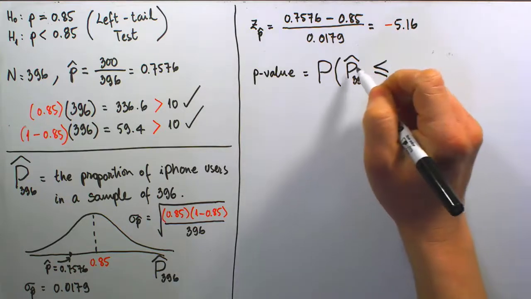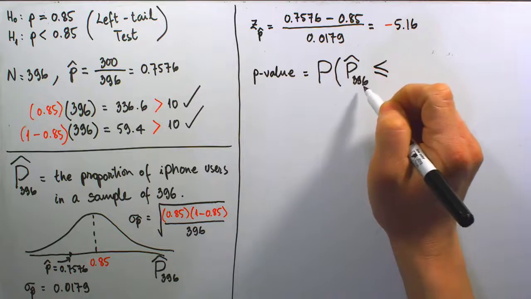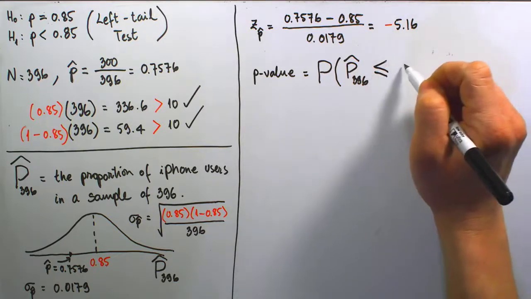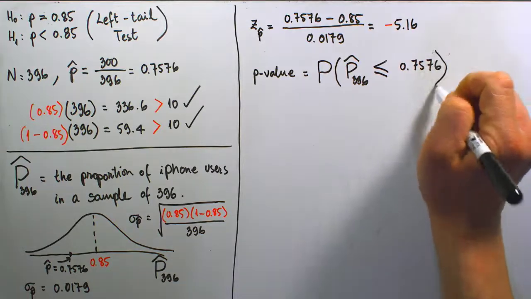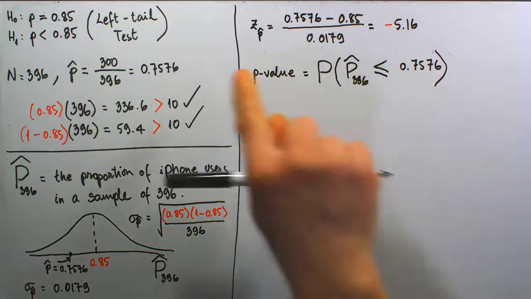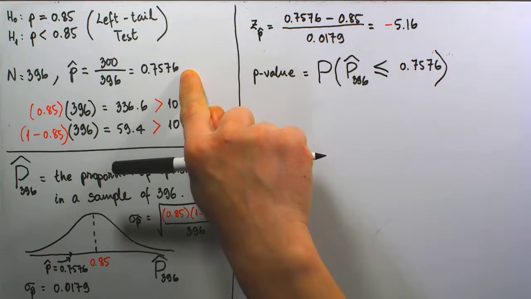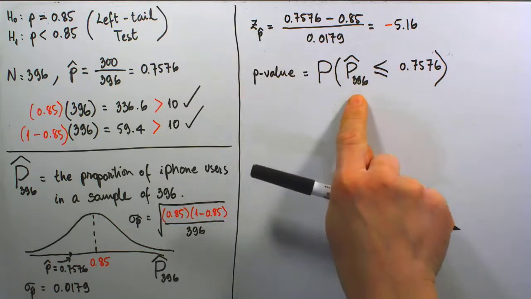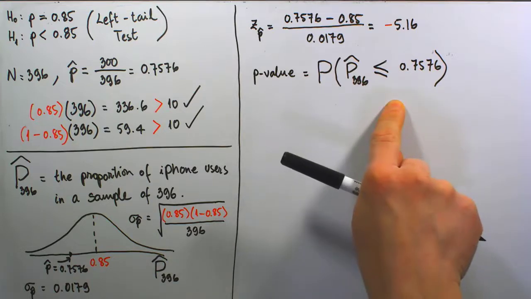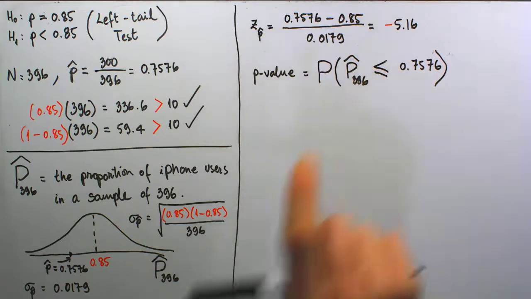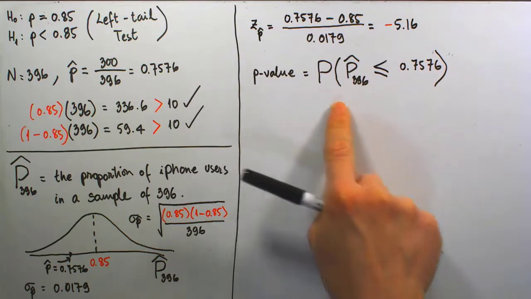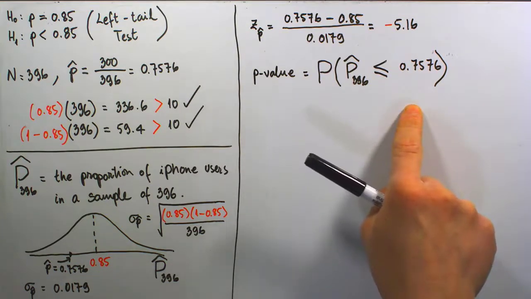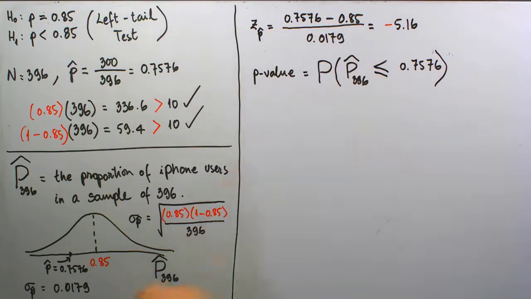And we want to find, among all sample proportions at size 396, one that is less than or equal to 0.7576. This is the value that came out from our sample proportion. So this is how we formulate the setup for the p-value calculation. With this probability problem setup, we realize that this is a bell curve problem.